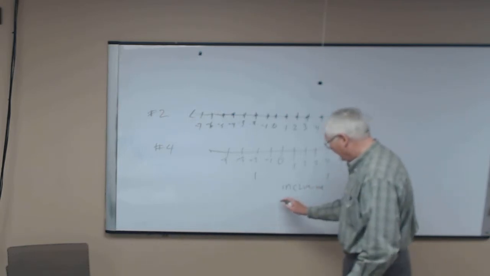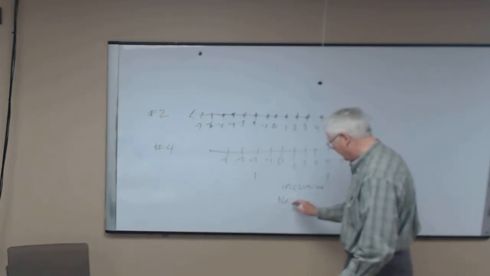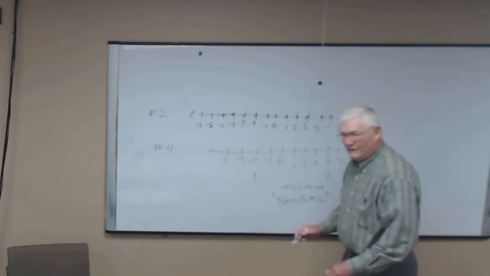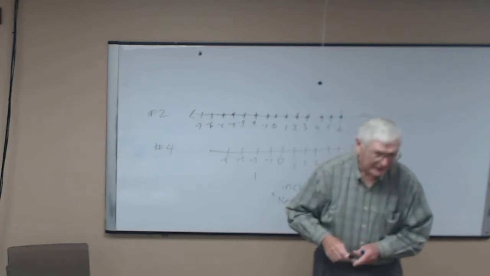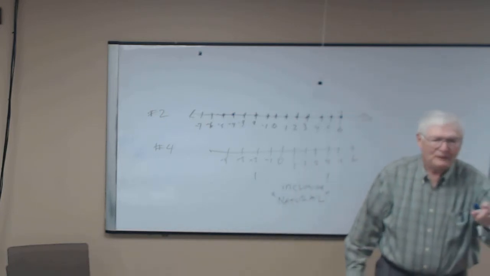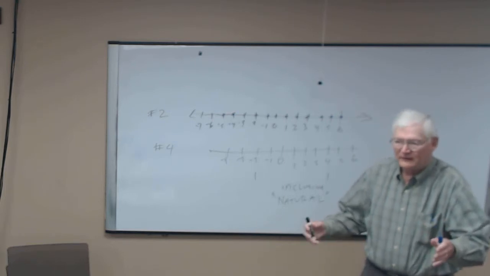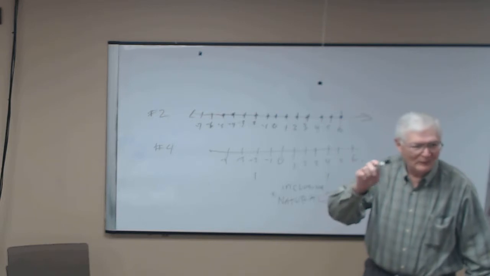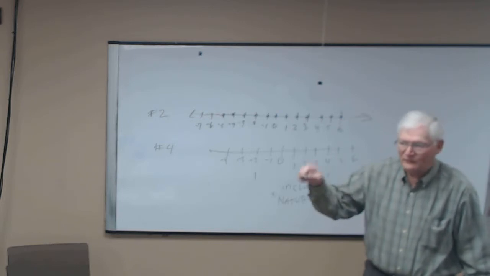But they want natural numbers. You know what natural numbers are? It's the way things naturally occur. How do people naturally occur in this room? One at a time. 1, 2, 3, 4.